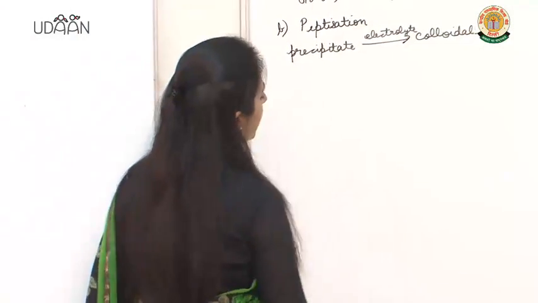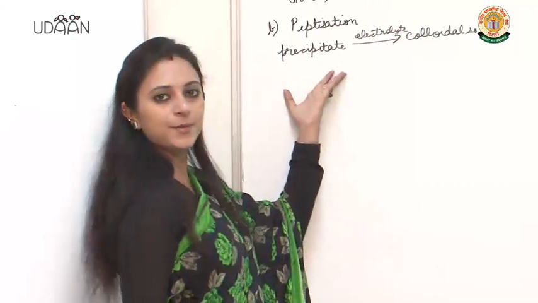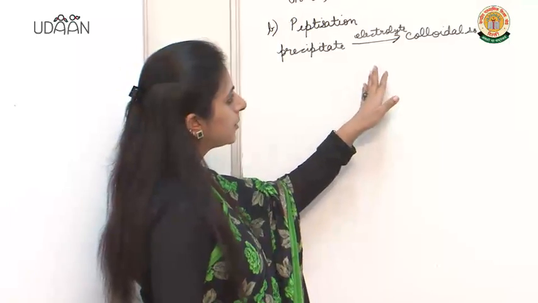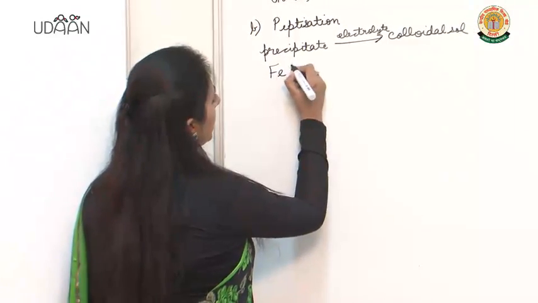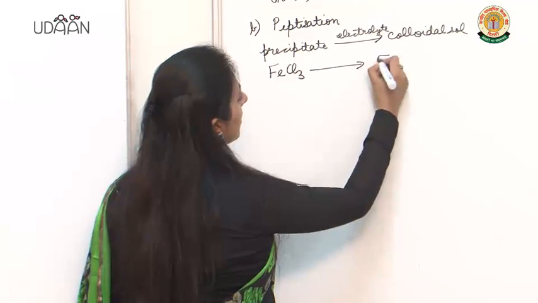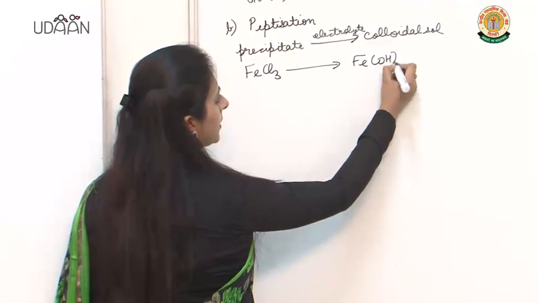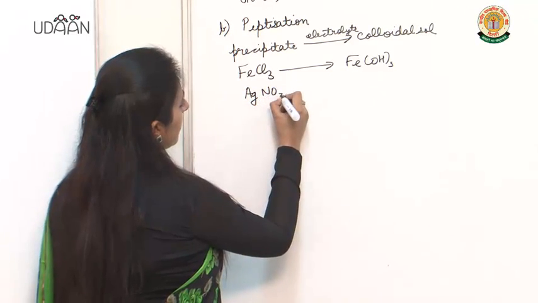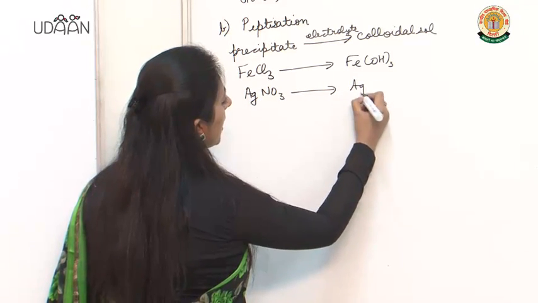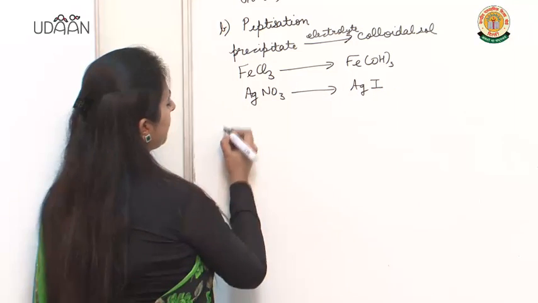Now in peptization, we have taken a precipitate, we add electrolyte to it, we get a colloidal sol. So FeCl3 से हमें Fe(OH)3 sol मिलता है और AgNO3 से हमें AgI sol मिलता है.